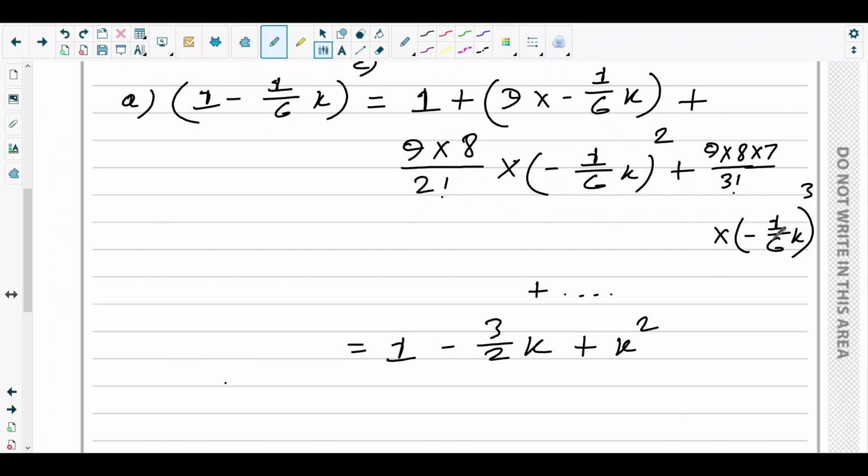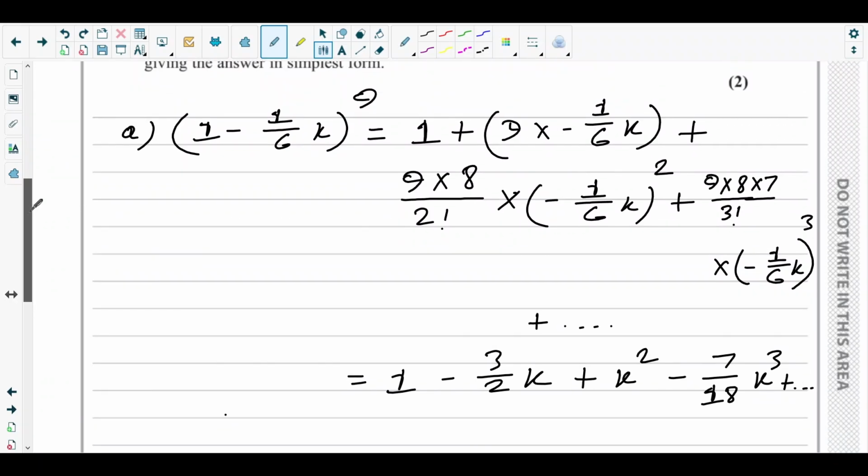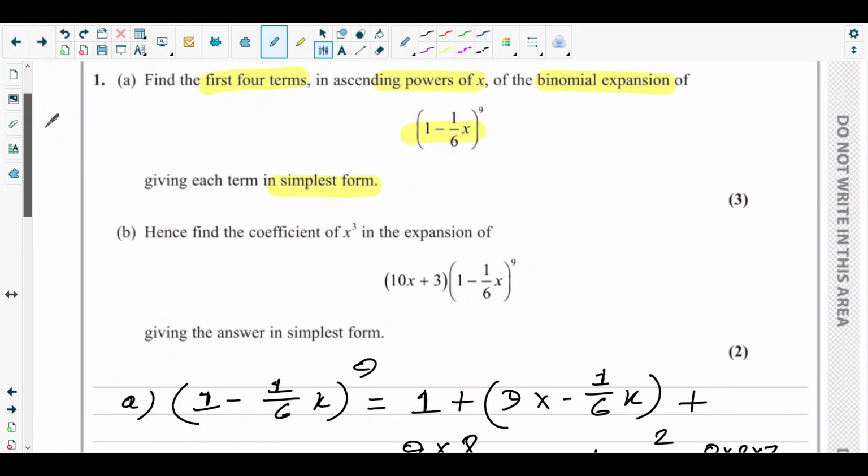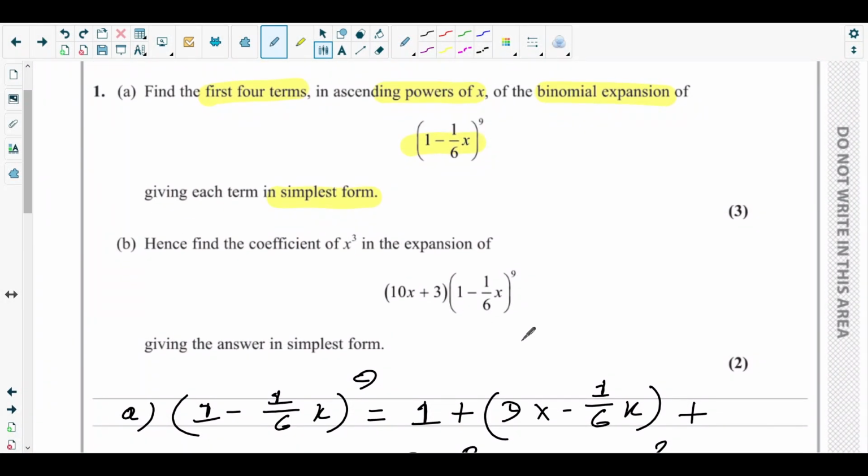But it is negative, because a negative cubed is negative. So negative 7 over 18 x cubed plus dot dot dot. So we got the first 4 terms of the binomial expansion of (1 minus 1 over 6x) to the power 9, and that's what part A of question number 1 asked for.